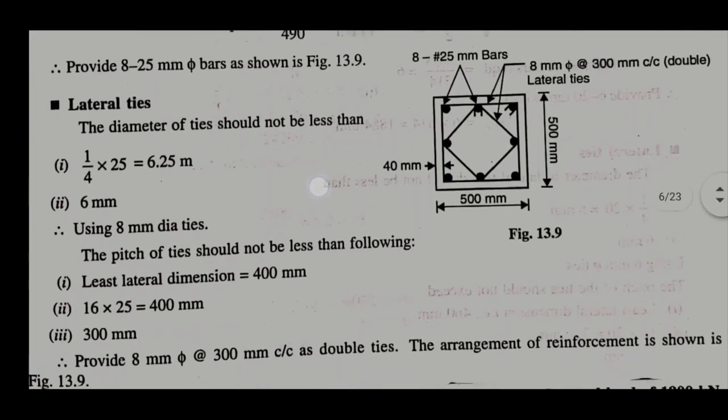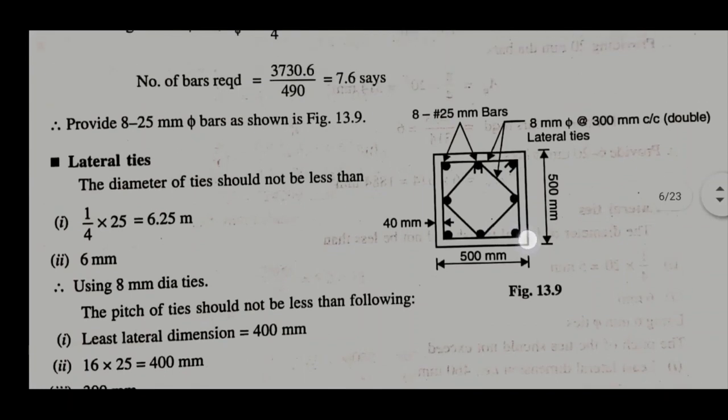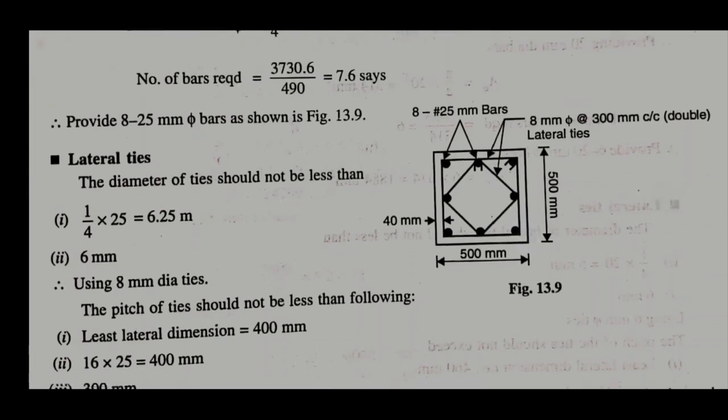So therefore provide 8 mm dia bar at the rate of 300 mm center to center as double ties. The arrangement of reinforcement is shown in figure. Let's check out the figure. Look, there are total 8 number of bars and there are 2 lateral ties given. Okay, so dimensions are given here.